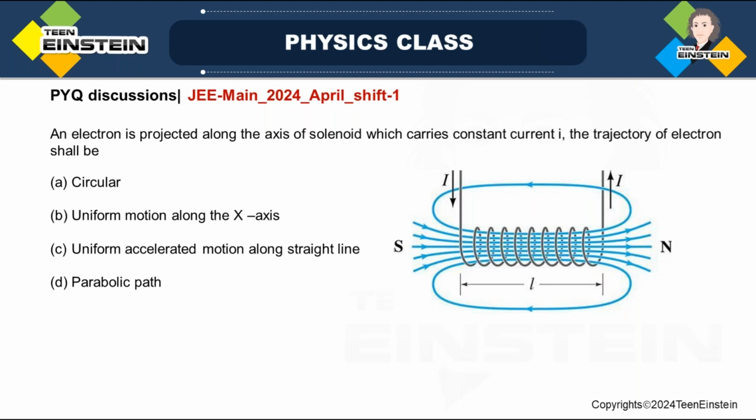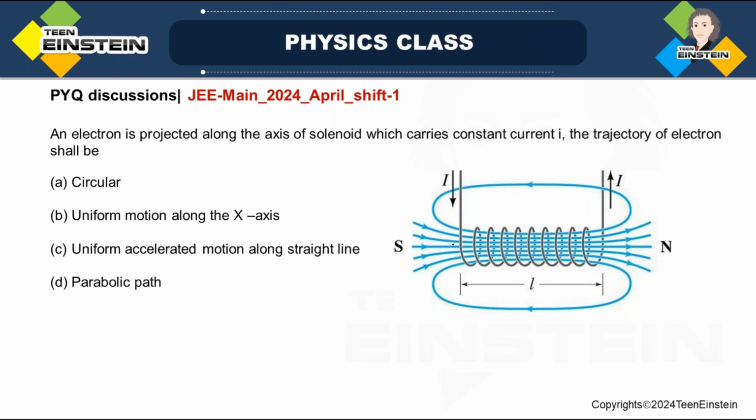So what is this problem saying? An electron is projected along the axis of the solenoid.